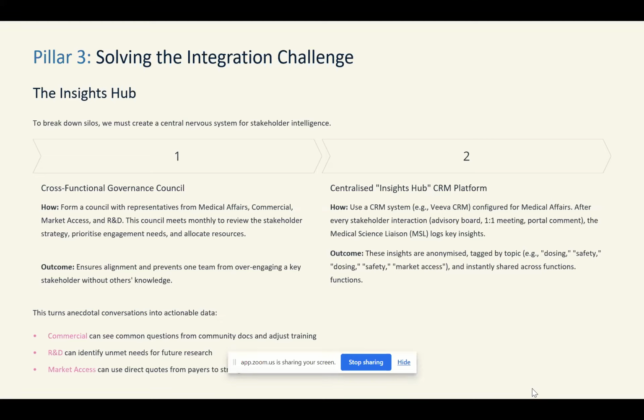Now again, these days you have a number of CRM tools and platforms. I will give you a simple example. As representatives of medical affairs, you had conducted an advisory board with a selected group of doctors. Based on internal legal and compliance aspects, a commercial team member may not be allowed inside such an advisory board.